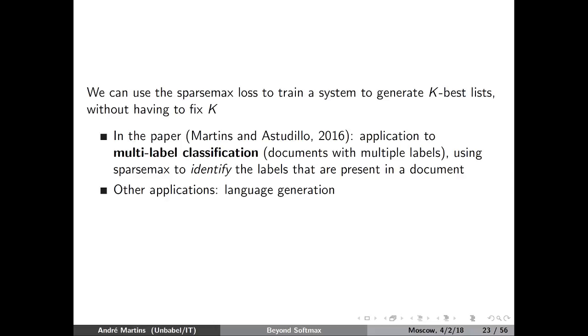For example, we are classifying news articles, but the same news article can be both about sports and politics, but it's not about economy or other topics.